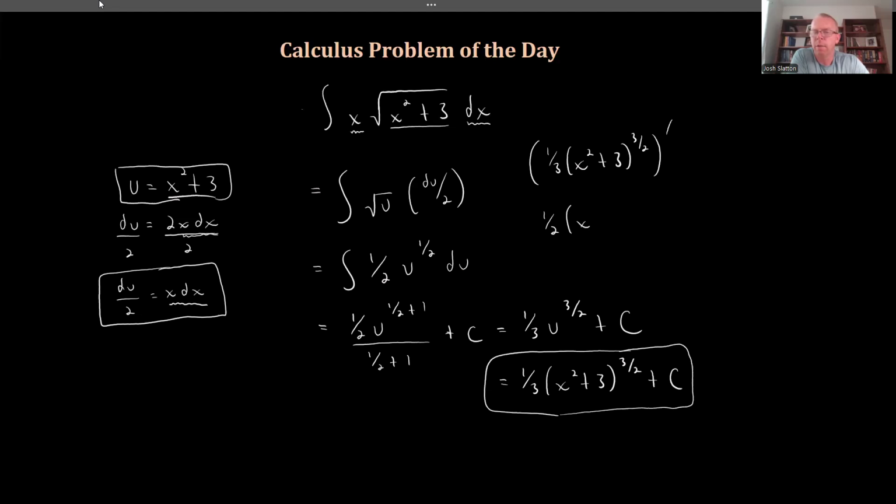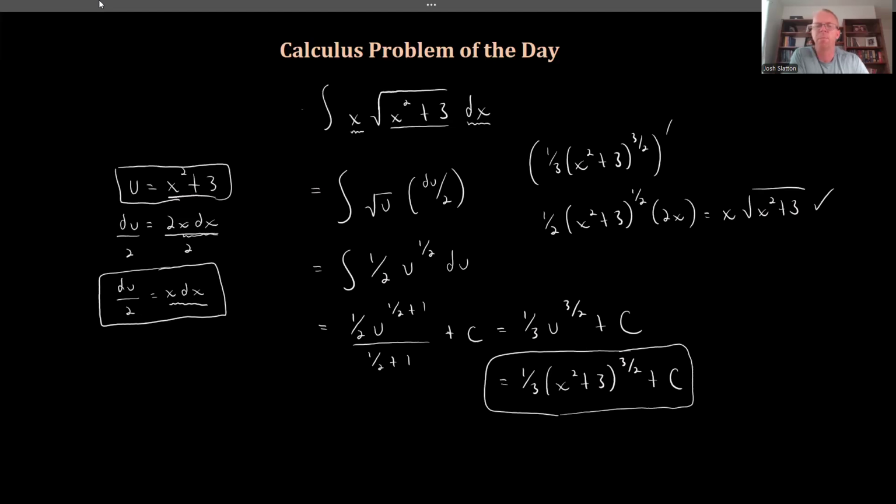Then x squared plus 3, subtract 1 from the exponent, that gives 1/2. And then now multiplied by the derivative of x squared plus 3, so that would be times the 2x. So now we have 1/2 square root x squared plus 3 times 2x, and the 2 and the 1/2 cancel out. We have x square root x squared plus 3.